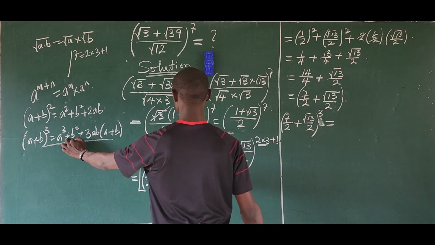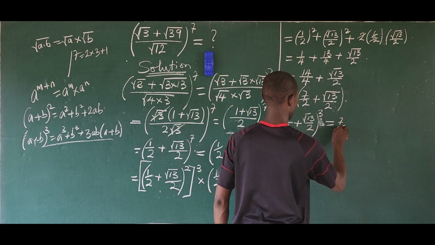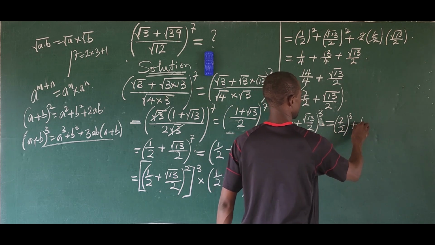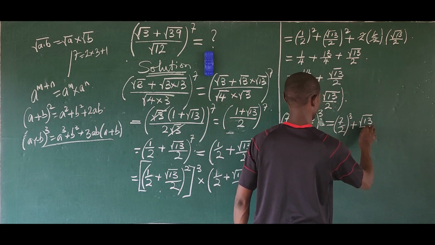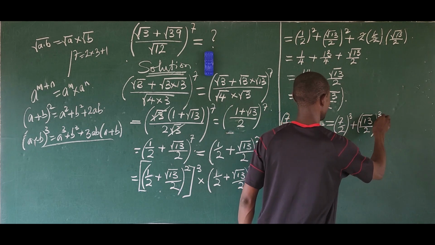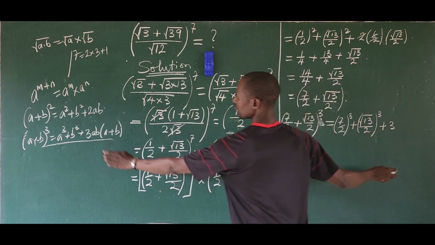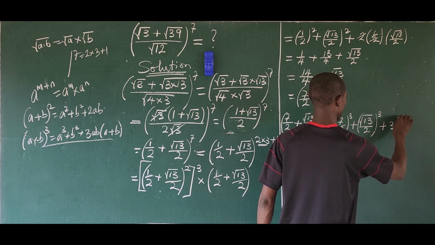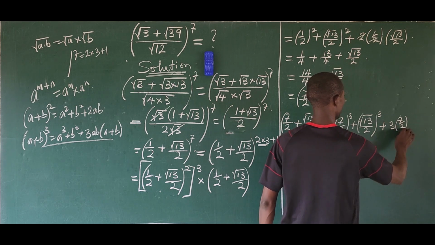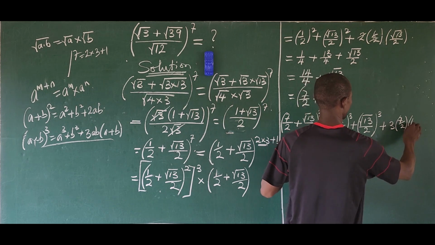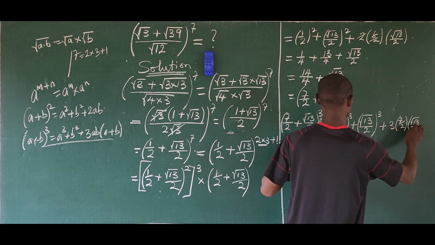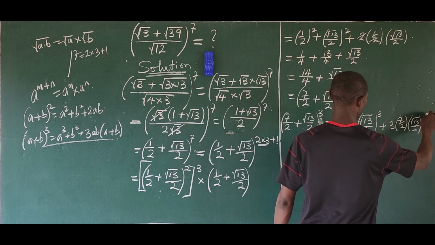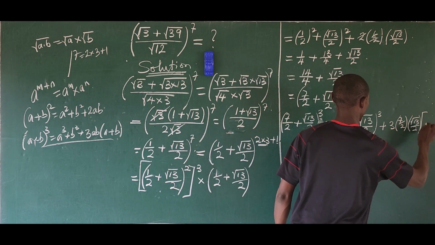So raising this to power of 3 is going to give us 7 all over 2, all raised to the power of 3, then plus the square root of 13 all over 2, all raised to the power of 3, then plus 3, then times 7 all over 2, close bracket, times square root of 13 all over 2, close bracket, then everything into, so let's put this into our bracket.